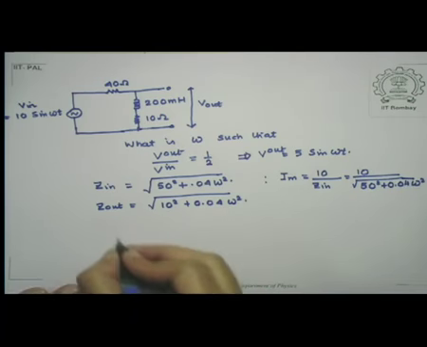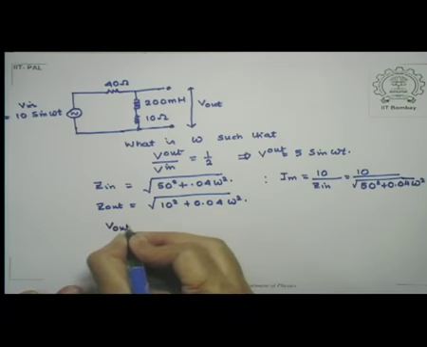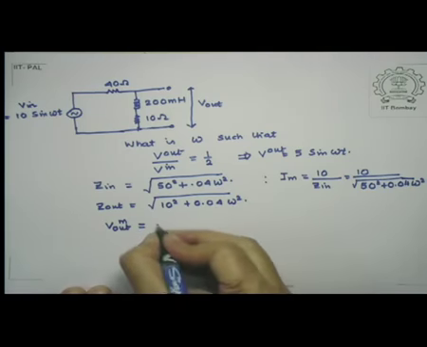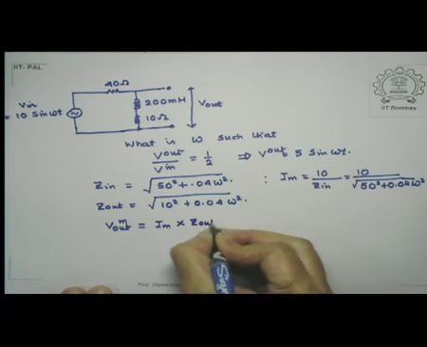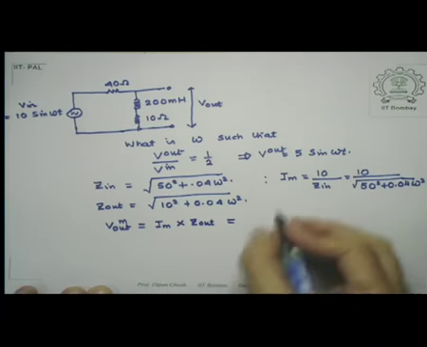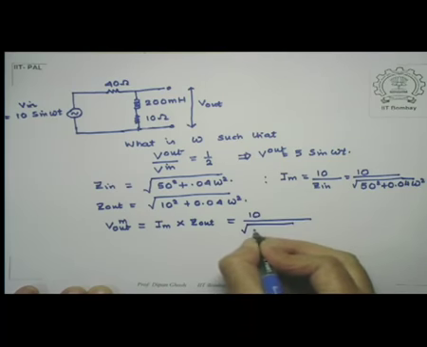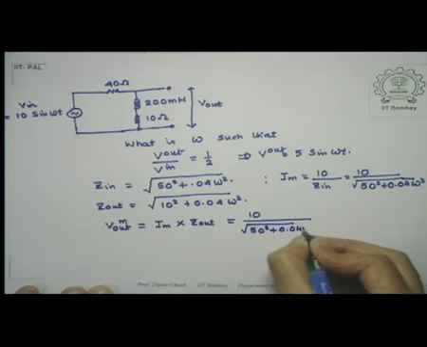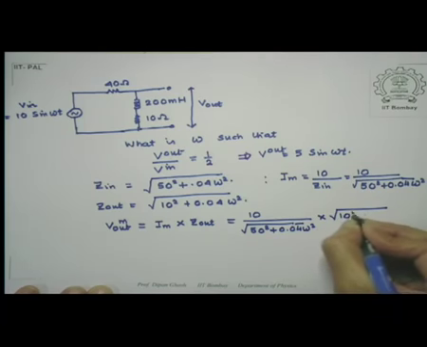Now V out maximum, because we have pointed out already that the time variation remains the same, is Im times Z out. So if you plug it in, Im is 10 divided by the square root of 50 squared plus 0.04 omega squared, multiplied by the square root of 10 squared plus 0.04 omega squared.